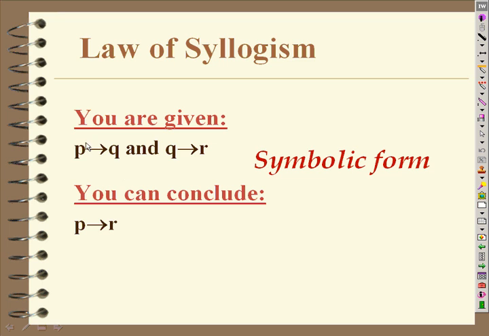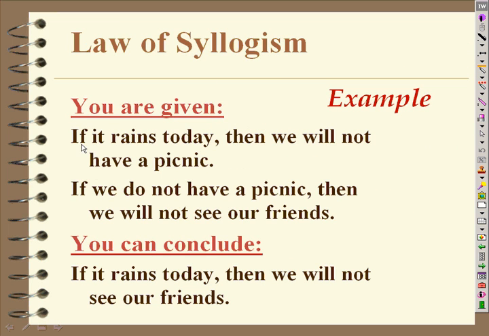With symbols, that's a little bit easier. If some statement P goes to Q, but then that statement Q is leading to R, then we can conclude that the beginning P will lead to R. You may recall this as the transitive property. An example. If it rains today, then we will not have a picnic.